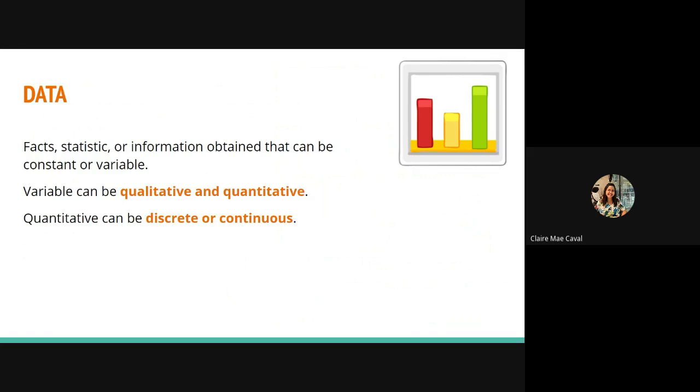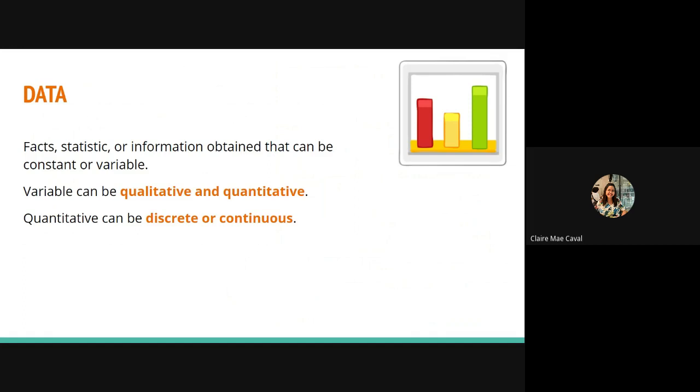When you say discrete, this is actually finite or countably infinite values such as the cell phone number. Okay? So there is this process of counting. That's discrete. When you say continuous quantitative variable, there are decimal values or points. Okay?